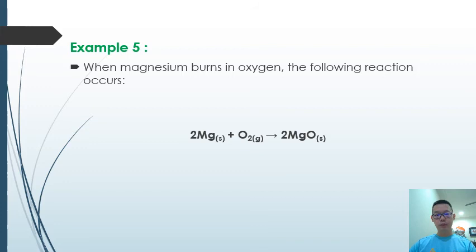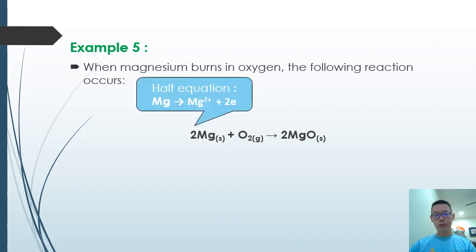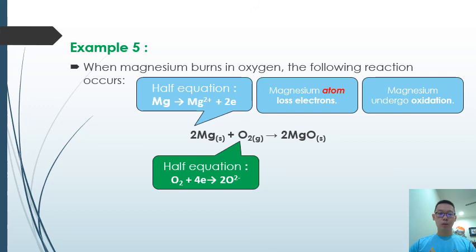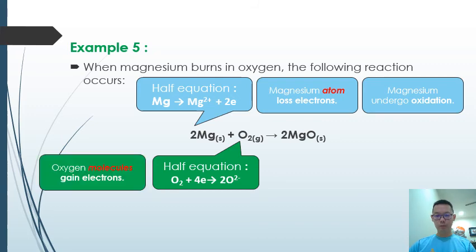Example 5. Magnesium burns in oxygen. We can rewrite the chemical equation using two half-equations. The magnesium atom loses electrons in this reaction. So magnesium undergoes oxidation. The oxygen molecule gains 4 electrons to form 2 oxide ions.